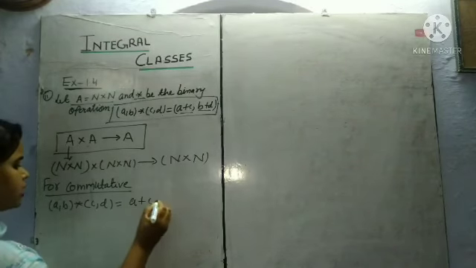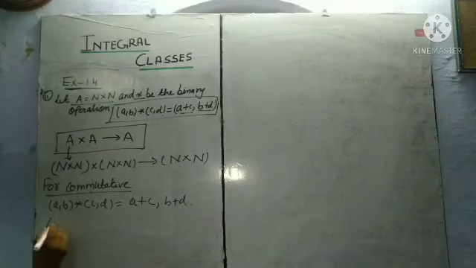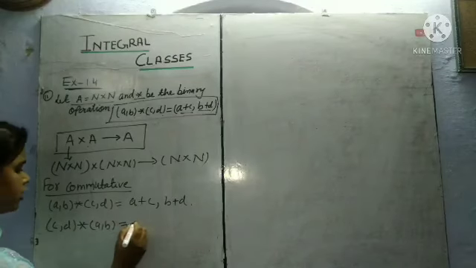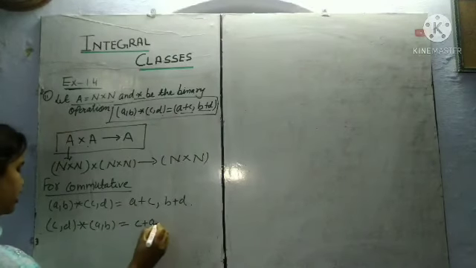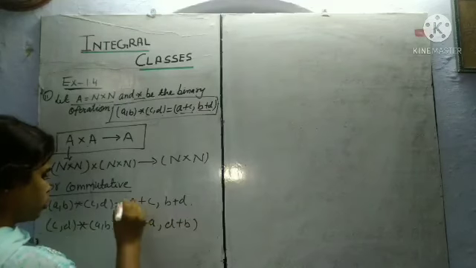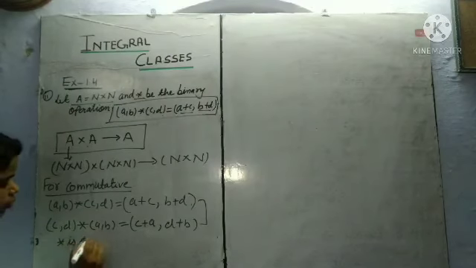(A plus C, B plus D). On the other side, if we write (C, D) star (A, B), it equals (C plus A, D plus B). So student, these two sides are equal. So this star is commutative.